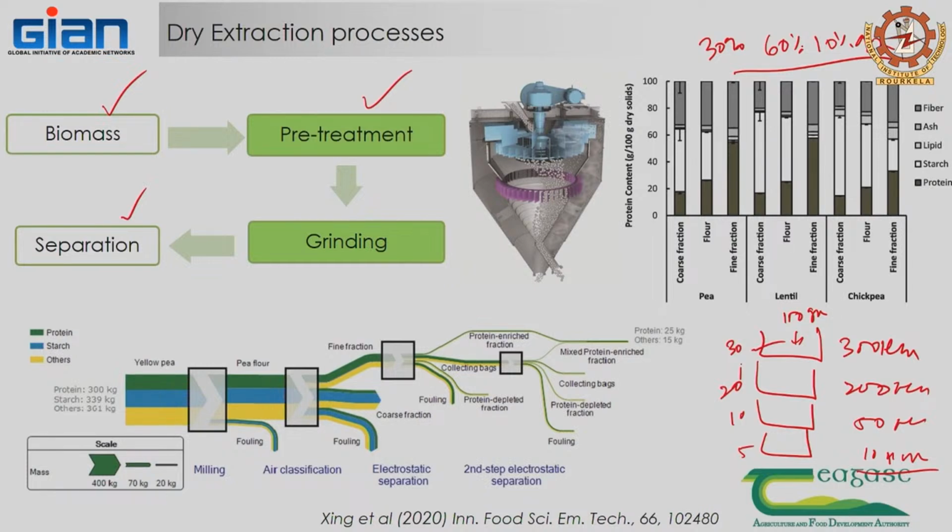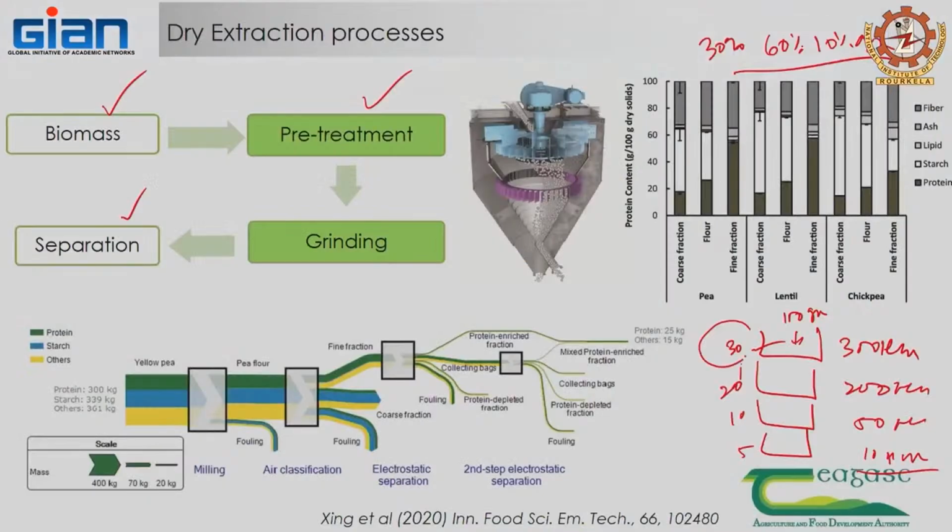No. The reason is when you grind anything, the fiber fractions are difficult to mill to a fine powder. So this fraction will have a larger amount of carbohydrate, and over here you may have more of the starch and protein.